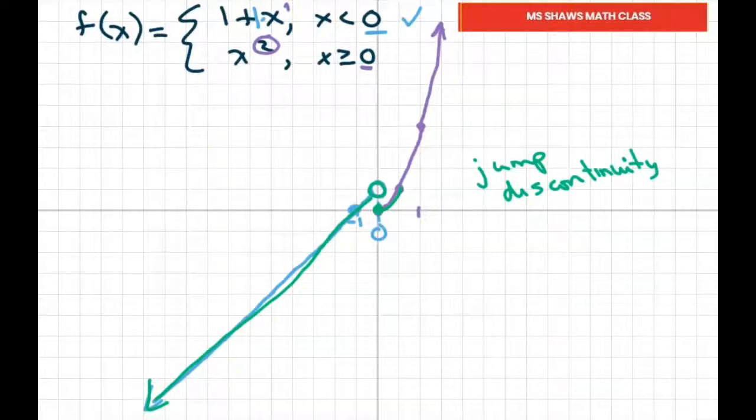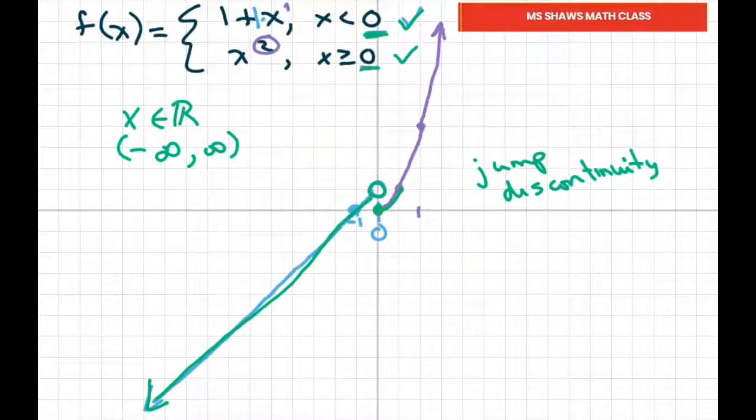All right, now let's do our domain. If you look at the domain, it includes all numbers, because it's all negative numbers from here, and this part is all positive numbers, including 0. So our domain is all real numbers, or you could write it like this.